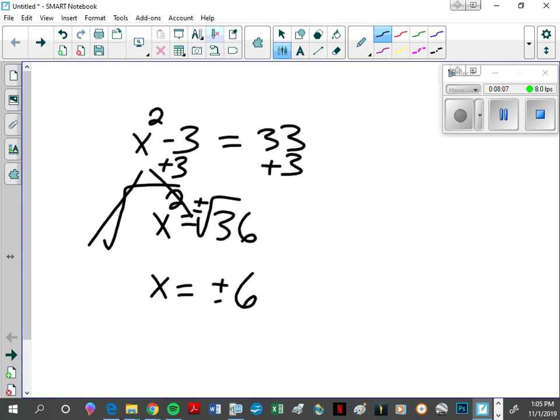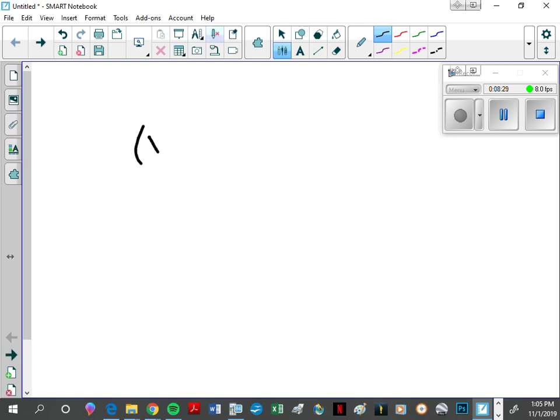Okay, which means when I plug in 6 to this top equation, 6 squared is 36, minus 3 is 33, it works. When I plug in negative 6, negative 6 times negative 6 is 36, minus 3 is 33, and we're good. Okay, now, this is a little bit different.